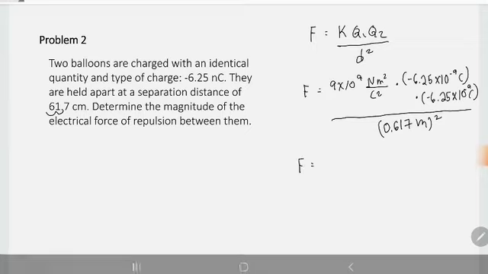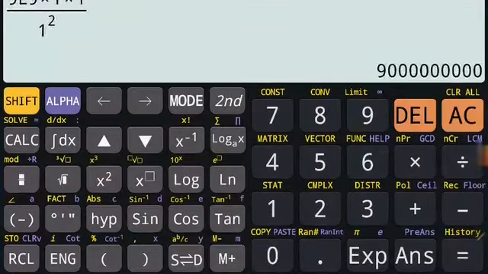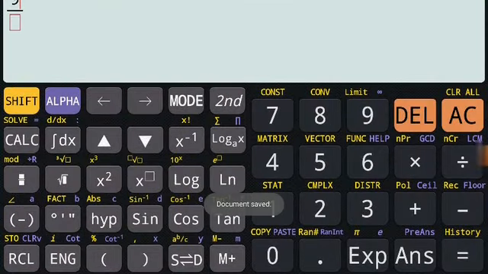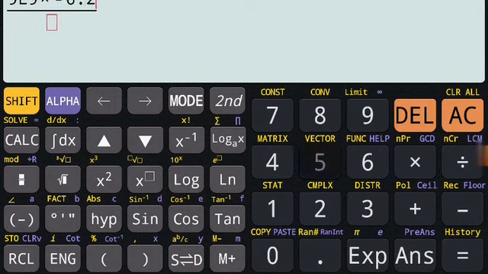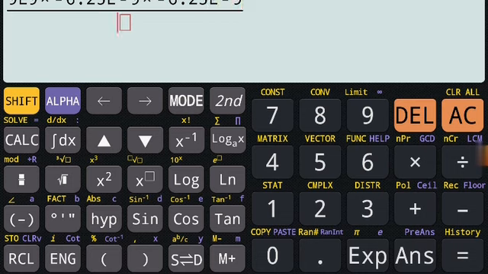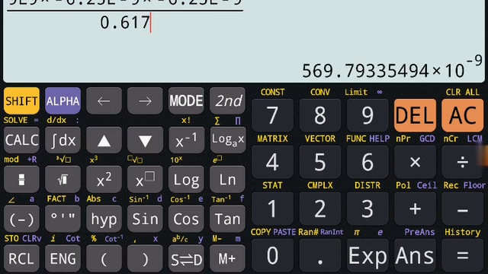Okay, let me go back to the calculator. So again, 9E9 times negative 6.25 times 10 to the negative 9, kasi nanocoulomb. Times, again, I will repeat it kasi pares yung magnitude ng charge. Go down, 0.617 squared.